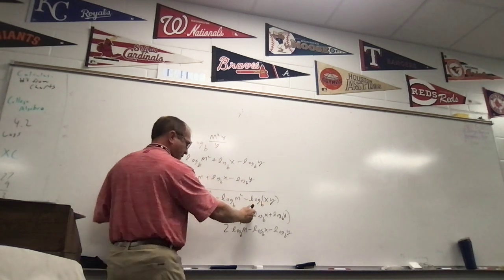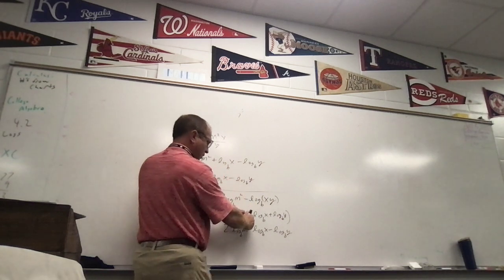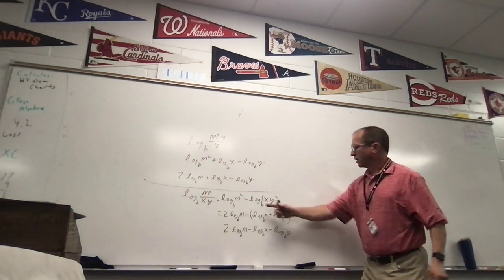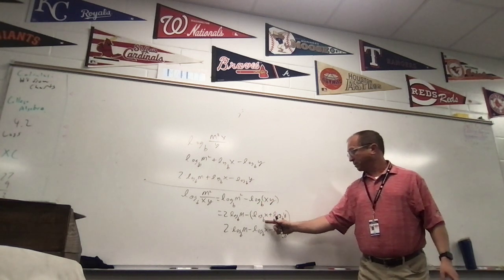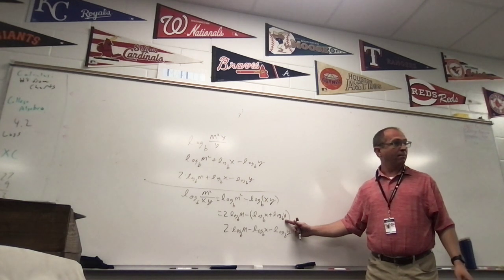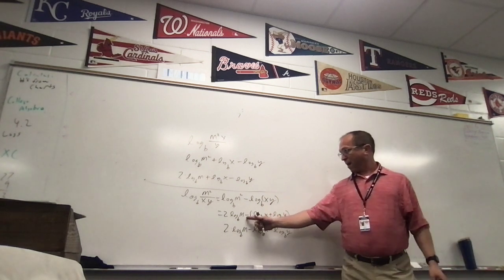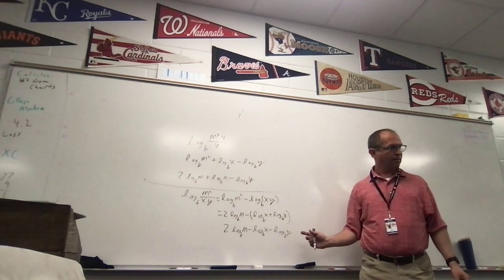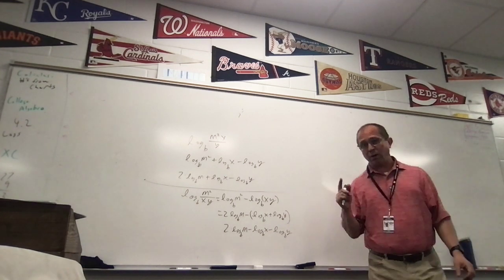So all I did is I took what was right here, I left this minus alone, and I just handled the log base b of x times y, and I made it the log base b of x plus the log base b of y. Well, now I have this minus out here, so it distributes in. Oh, okay.